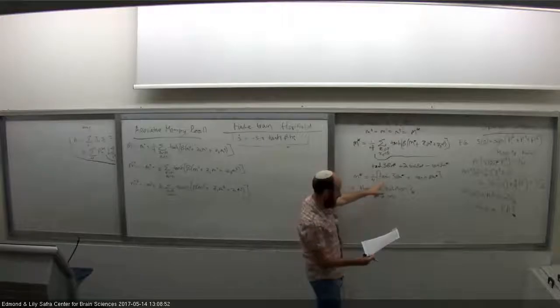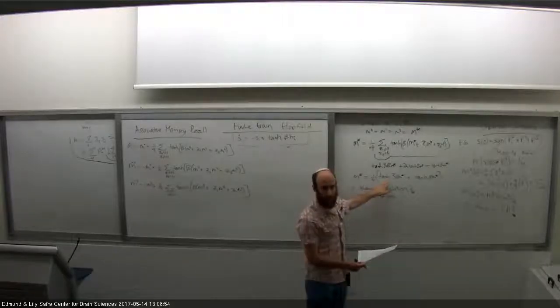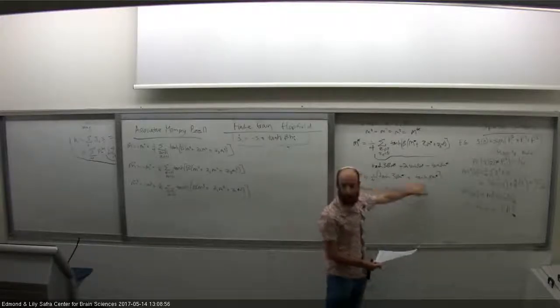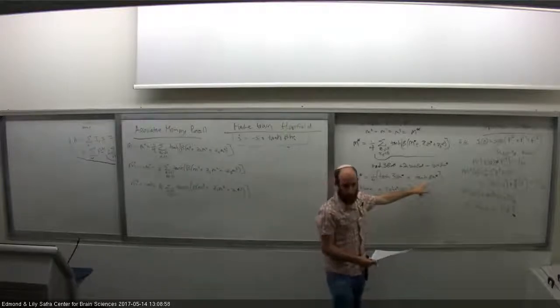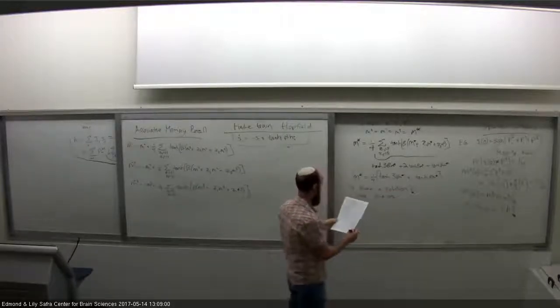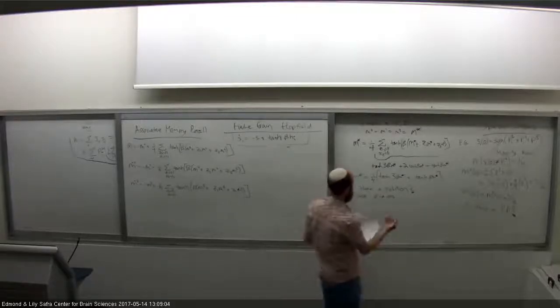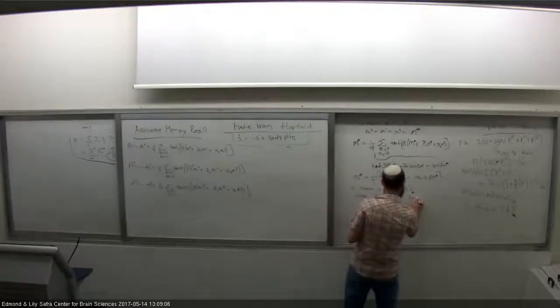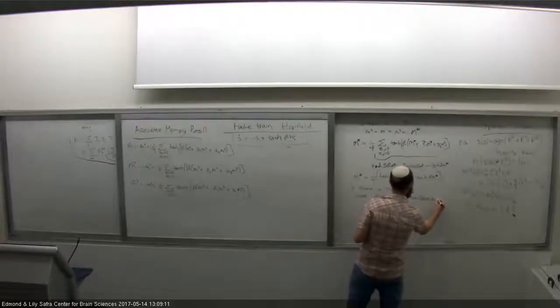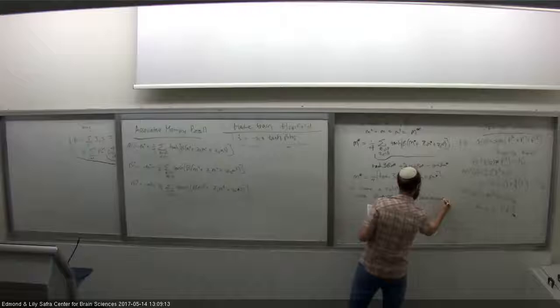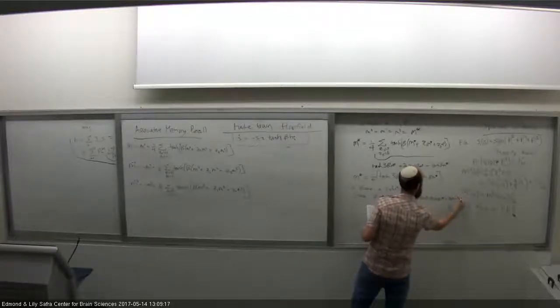What happens there? In that case, both of the tangents, tangent hyperbolic 3 beta M and tangent hyperbolic beta M, approach just 1. Well, not exactly 1. They both approach the sign of M star.